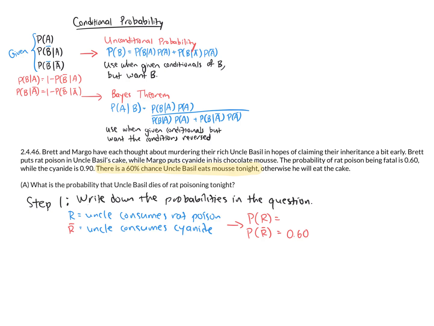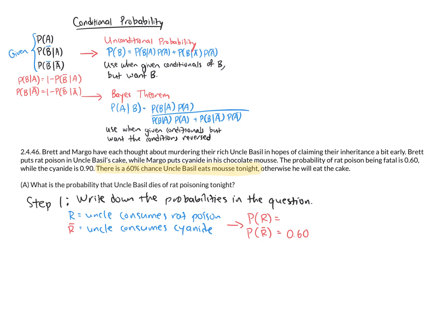Moving on to probabilities, we were told that there is a 60% chance that he eats chocolate mousse. Usually we write things down in the order in which the variables appear, but this emphasizes that you need to actually look at the substance in the question. Chocolate mousse, let's see, that had cyanide in it.